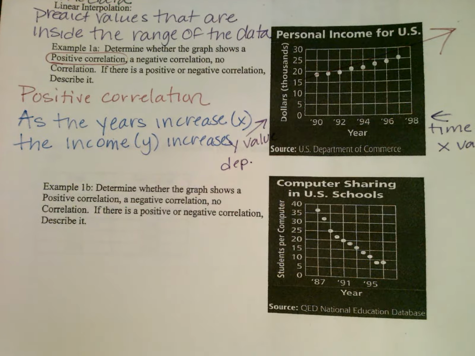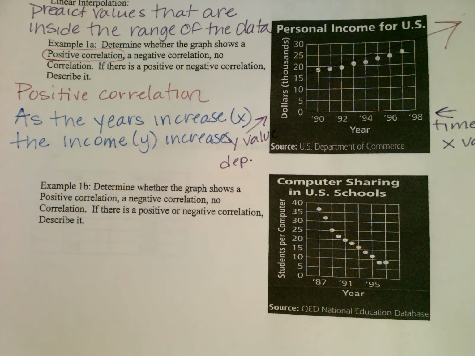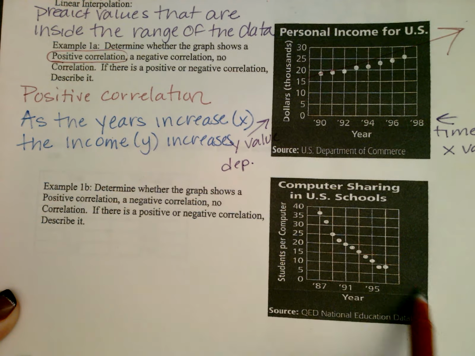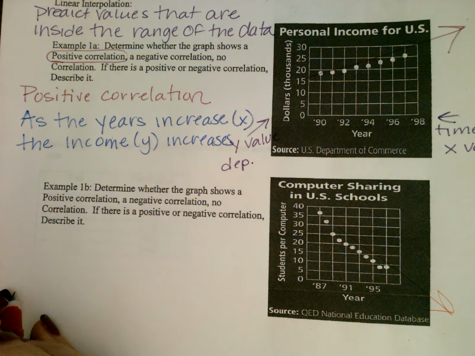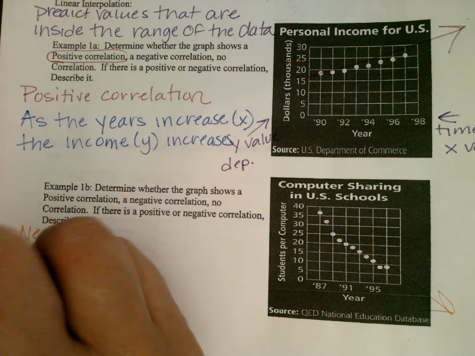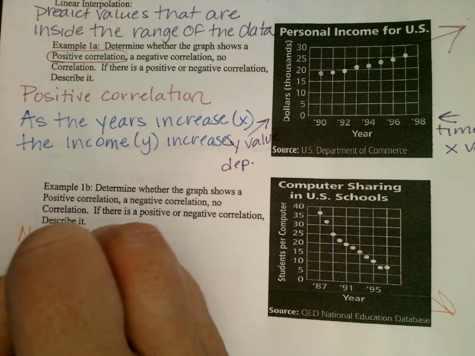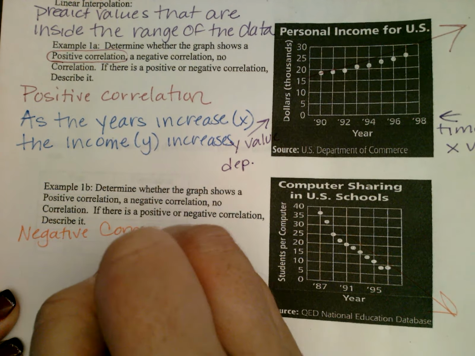Okay, computer sharing at schools, graph number 2. We need to determine if it's a positive, negative, or no correlation. I am noticing here a downward trend, so that is a negative correlation.